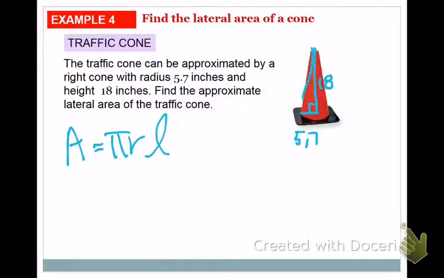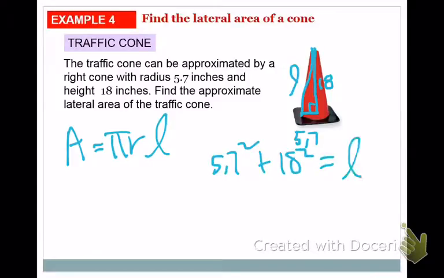To figure out L, we'd have 5.7 squared plus 18 squared equals L squared. So then we would square everything out, and we would calculate L.